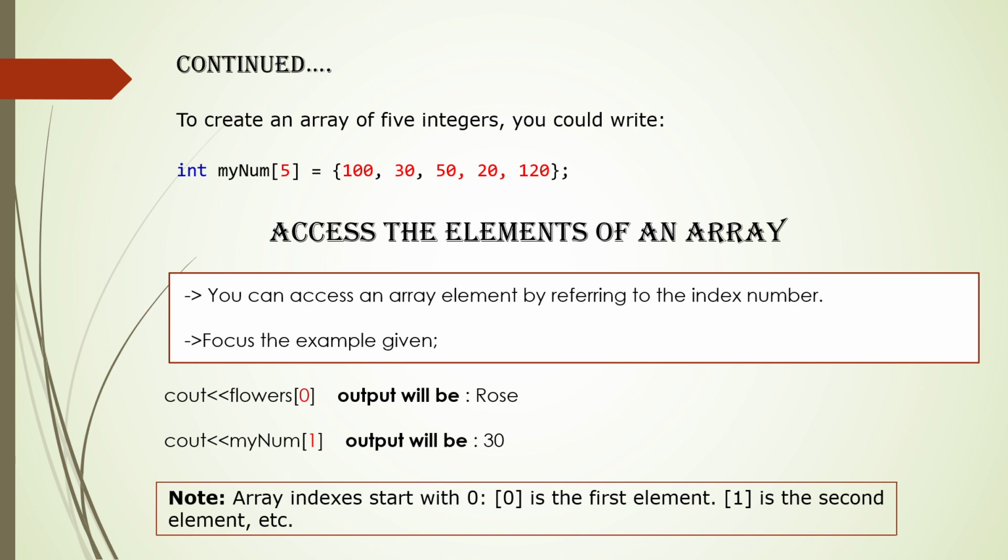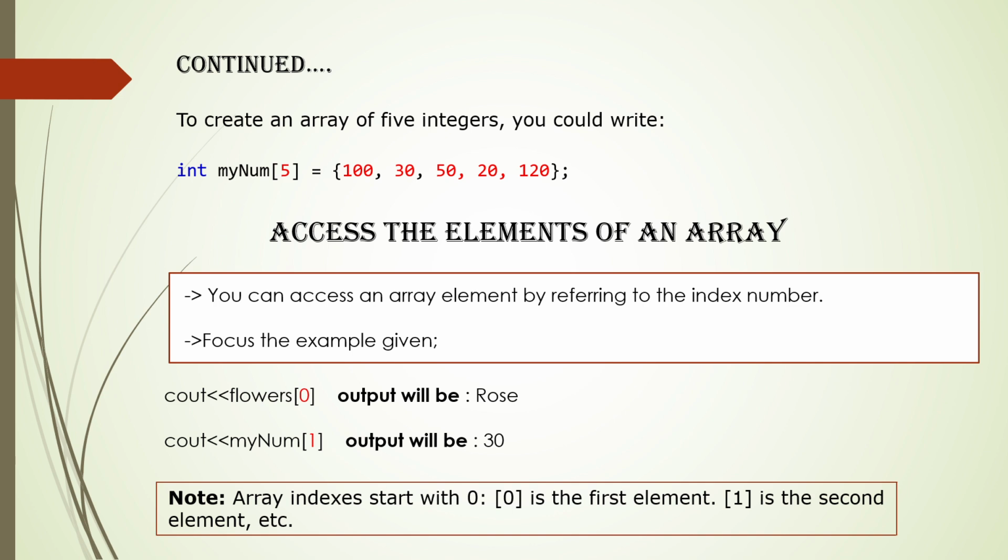But note here that in this case I have not written the values inside double quotation marks, that you have to do only in the case of string and character data types. I hope that till now you are all aware of how to create an array and how to assign a value to it. So now let's see how we can access particular elements of an array.